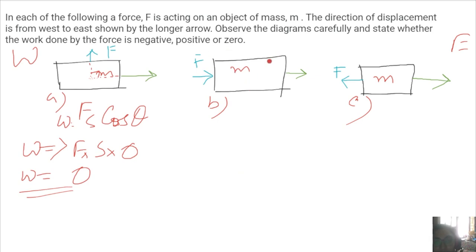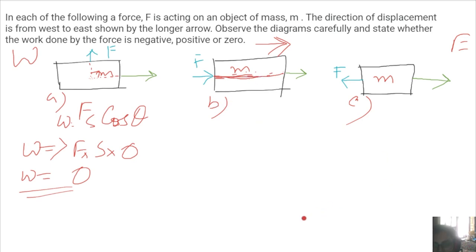Next case. Here the force as well as the displacement are both in the same direction, forwards. So the angle between them, even if we extend it, is basically 0 degrees, because it is technically a straight line and both are in the same direction.